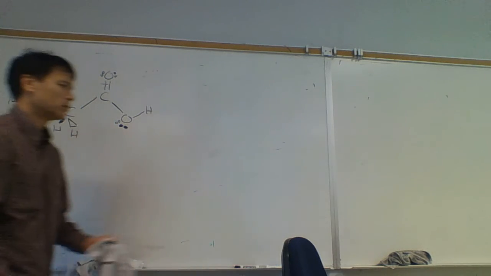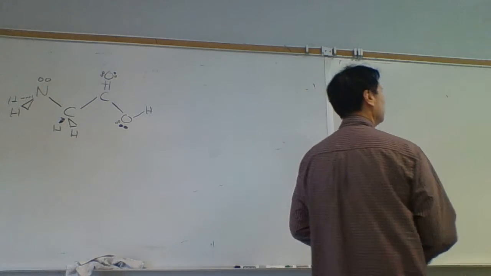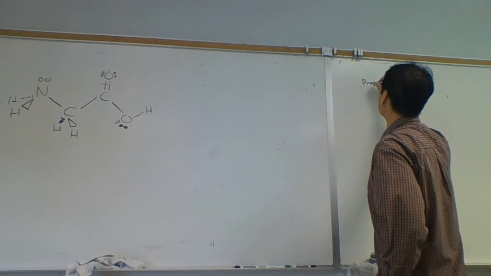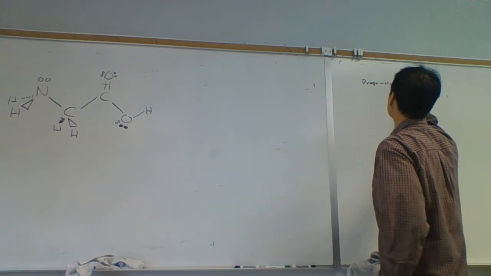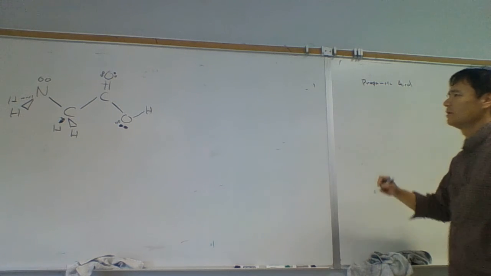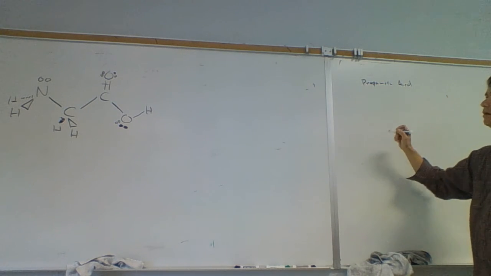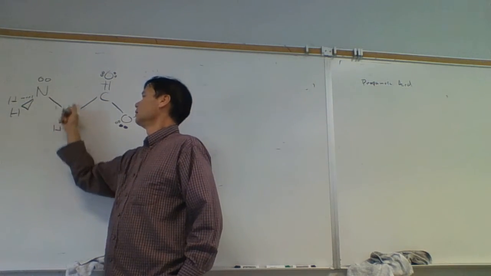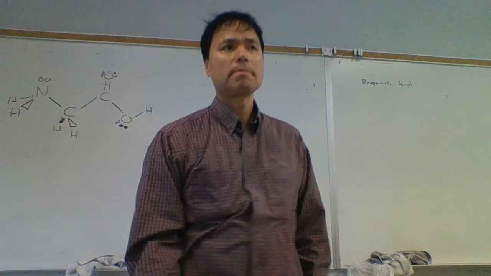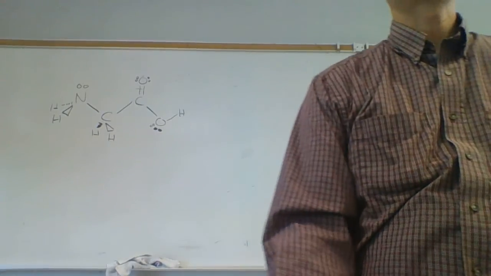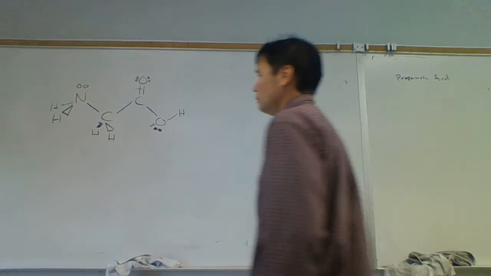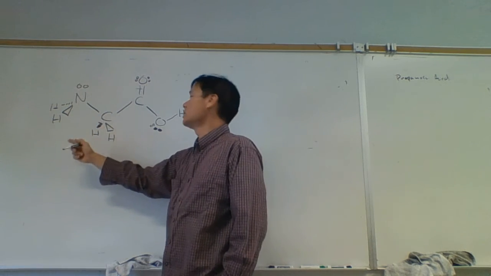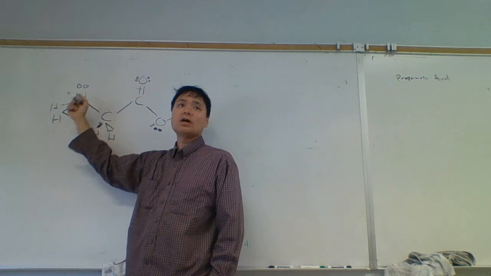If we compare it to propanoic acid, it's very similar, except rather than having this structure, what is this structure here called? What is that geometry called? This geometry would be, well, it's a tetrahedral set geometry.